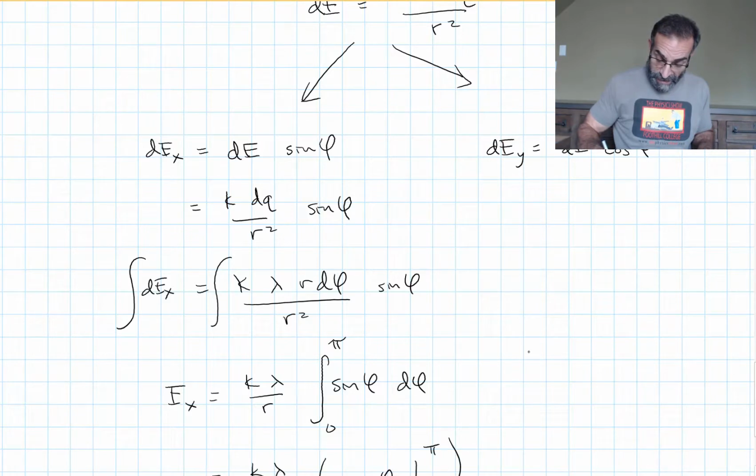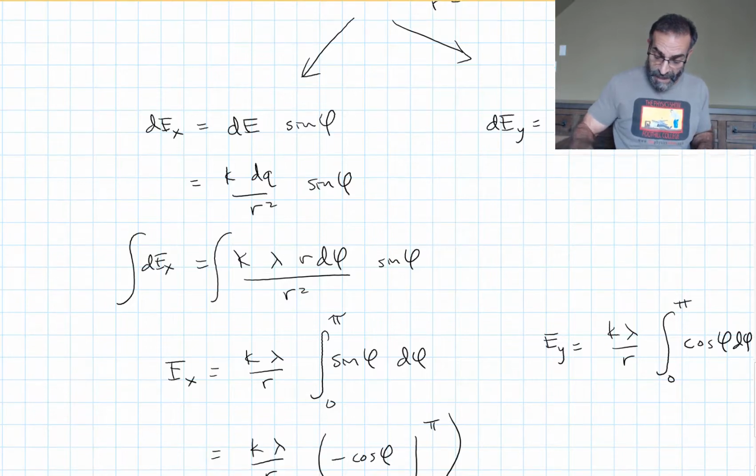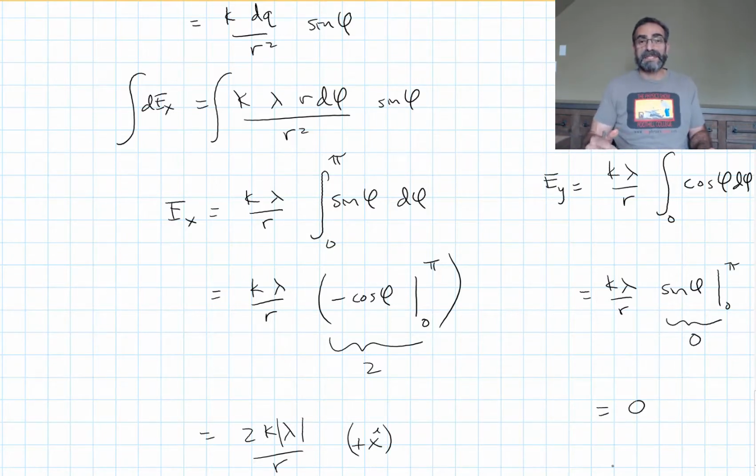You end up with an E sub y is k lambda over r, integral of cosine phi from 0 to pi, and that gives you sine, which is 0. It all works out the same if you get your limits correct.